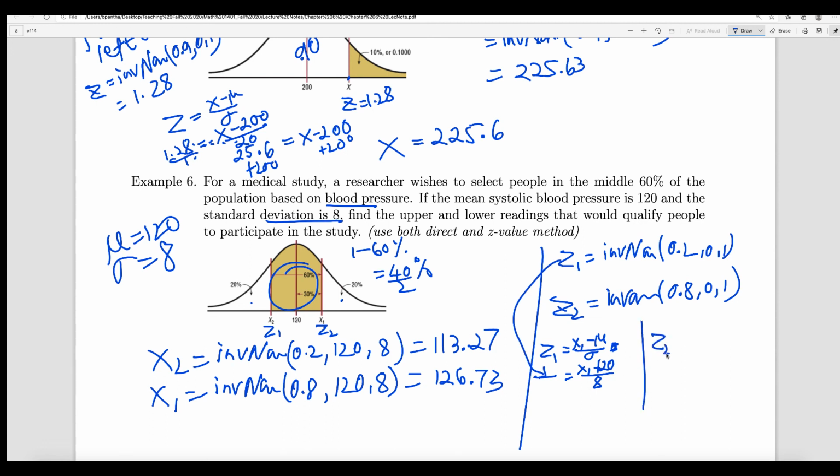Similarly for g2, you do x2 minus mu over sigma. So you plug in that value here, and then equals x2 minus 120 over 8, and then you simplify to find out x2. This is how you find out the data by given probability or the area. Thank you guys.